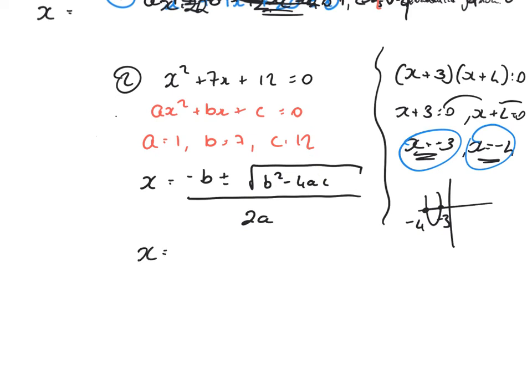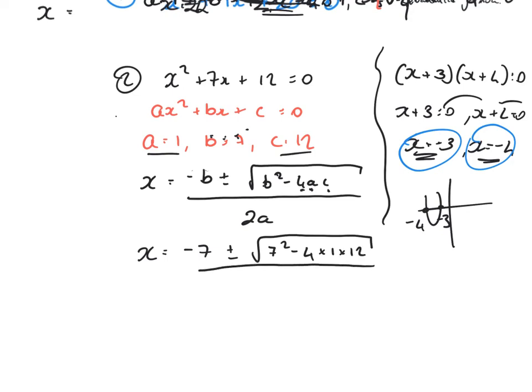Okay, so x equals minus b, so b equals 7, minus b must be minus 7, plus or minus the square root of b squared, that's 7 squared, minus 4 times a times c, which is 4 times 1 times 12, all divided by 2 times a, and that is 2 times 1.